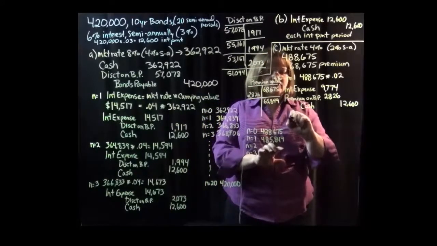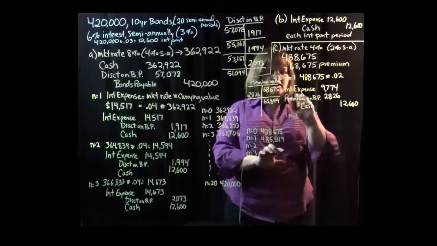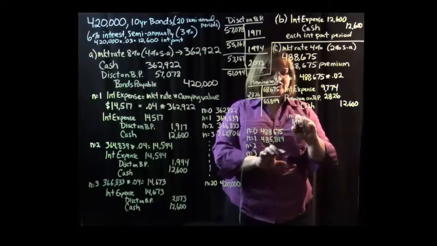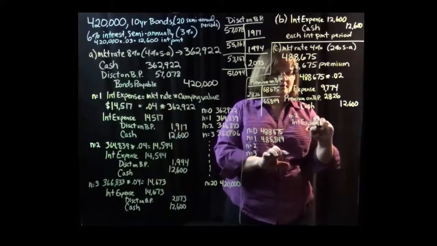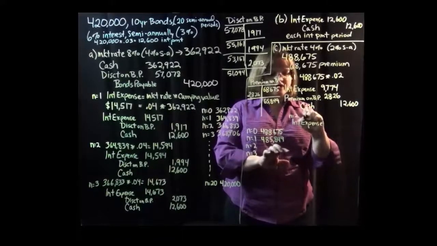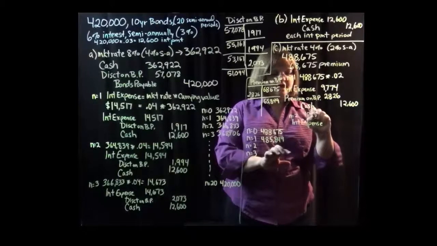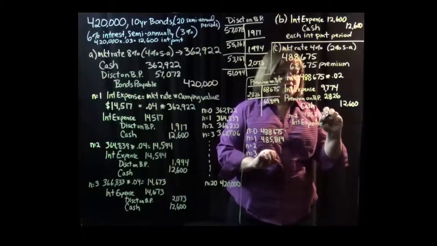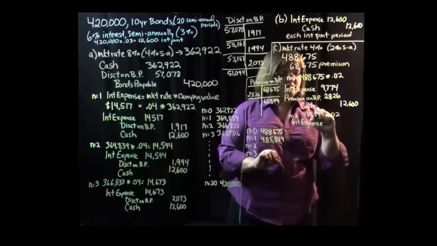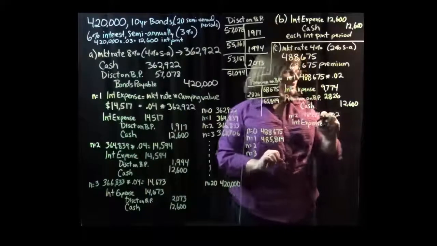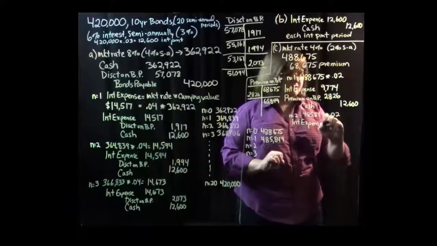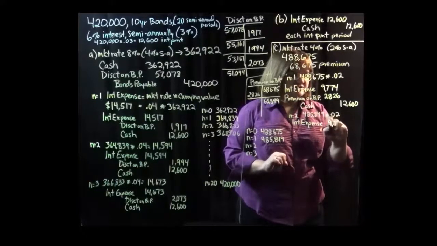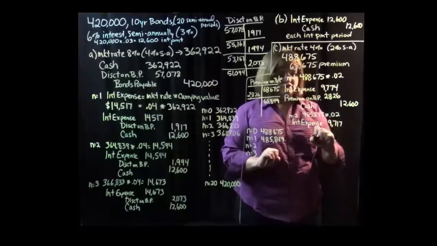For the second interest payment period then, we're going to calculate our interest expense as that $485,849 times 2%, the market semi-annual rate, and that's going to give us $9,717.